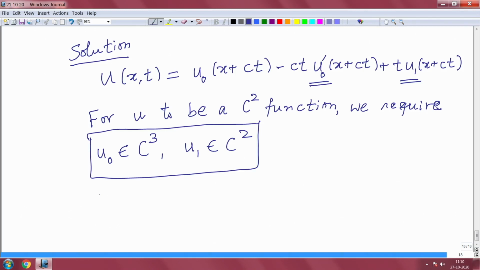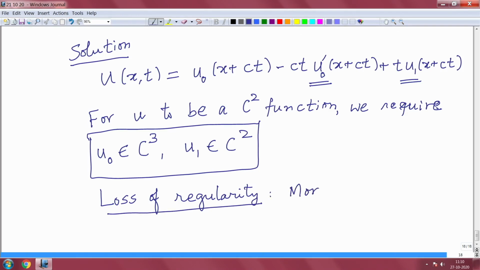This is referred to as loss of regularity, and this is typical of weakly hyperbolic equations and systems. More smoothness of the initial values is required.